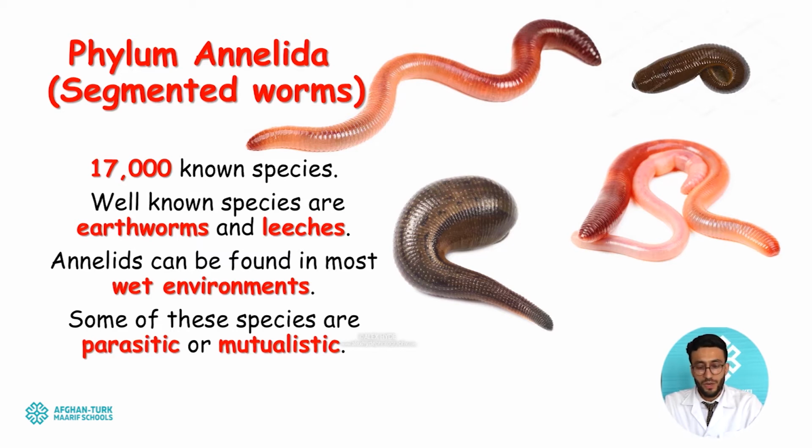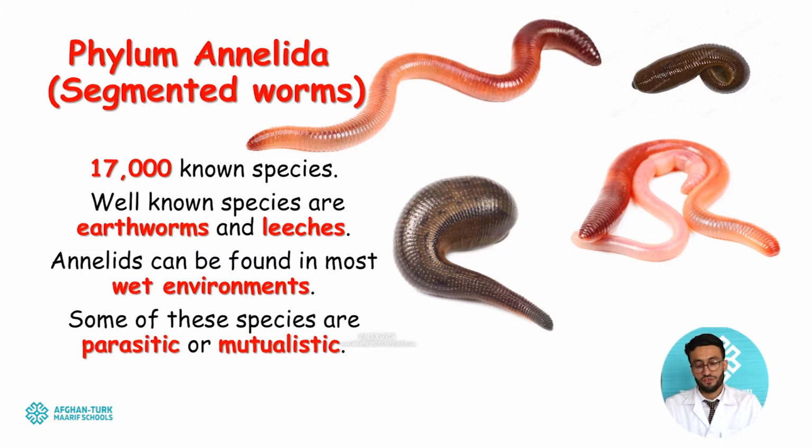They are quite diverse in species. Mainly 70,000 species are known on earth. But between this huge number of species, there are two well-known groups, the earthworms and leeches. Also, annelids can be found in most wet environments. It means their body is structured in such a manner that they can only live in wet conditions.